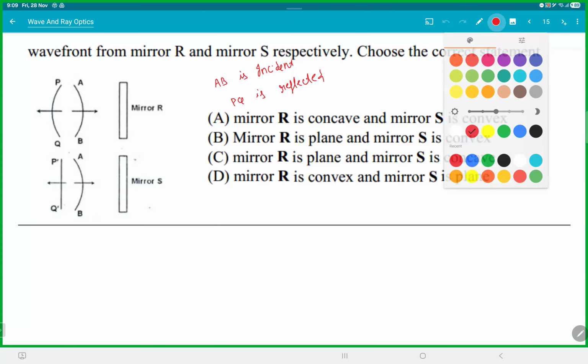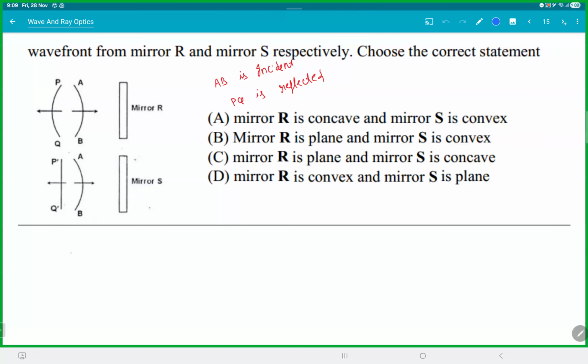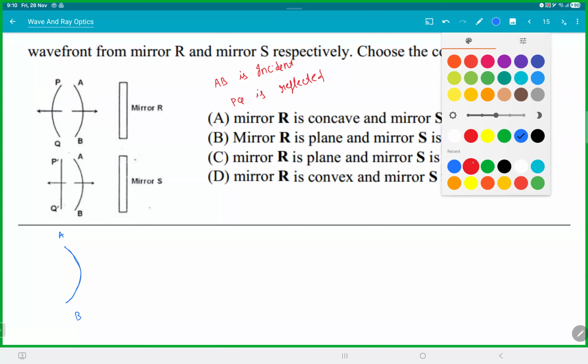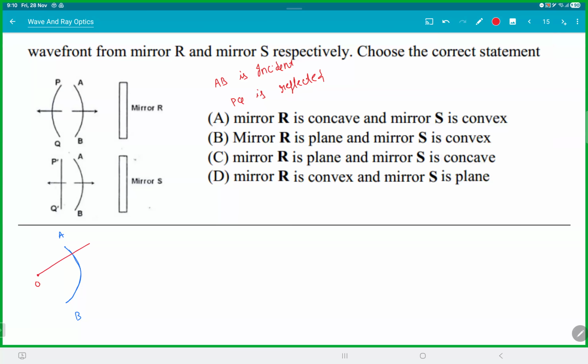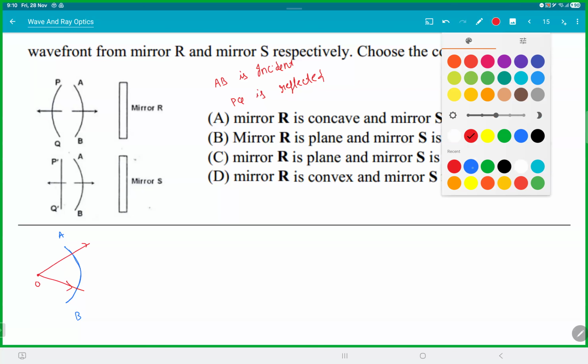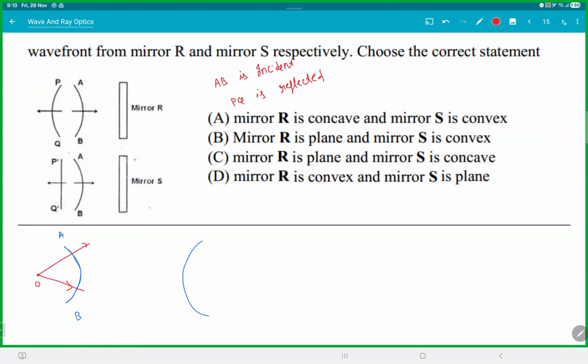Look at the first one. The wavefront of AB is coming like this. Meaning the light rays are going, object is here, light rays are going like this. After this, see how the wavefront is looking. The wavefront is like this. If you see, the wavefront was the same actually. Whatever went, it came back the same way.